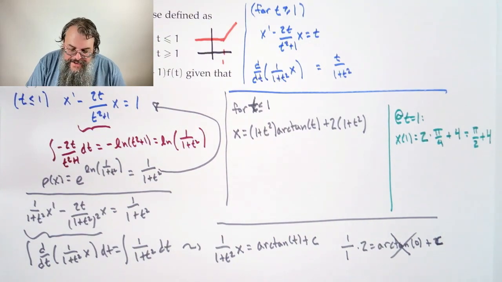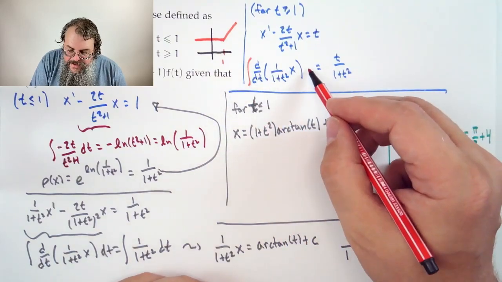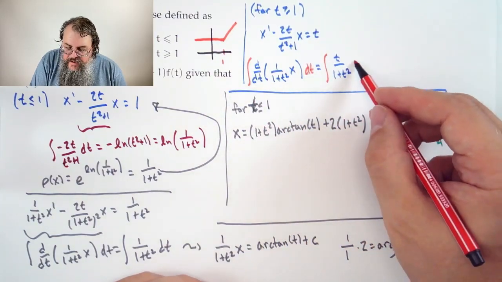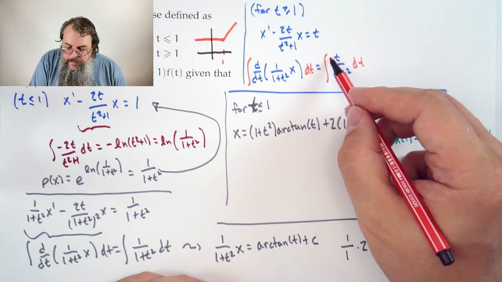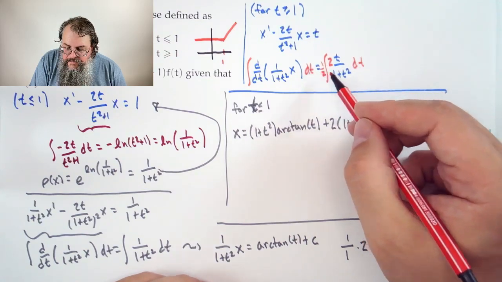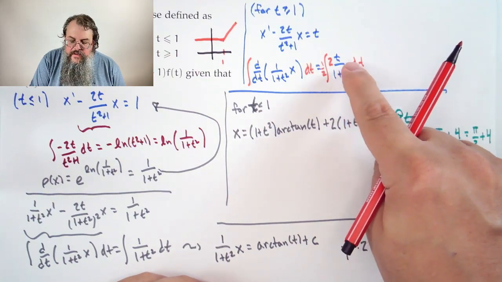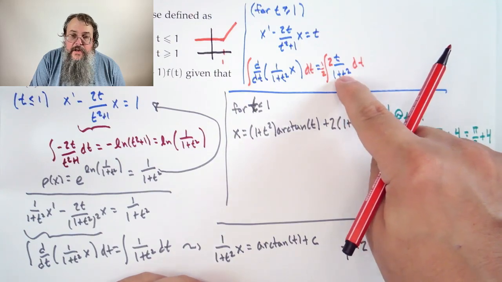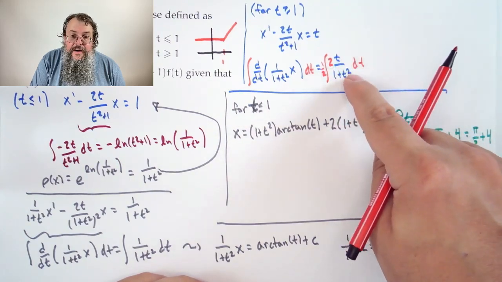We still have to integrate. Okay, well, no big surprises. Here, if we put a 2 and a 1/2, we can see this is like u is 1 plus t squared, du is 2t dt, so it's a log.